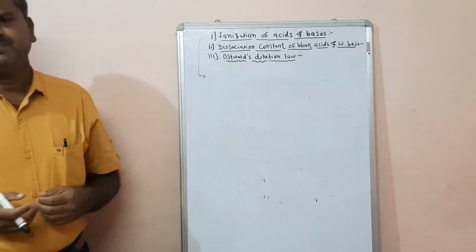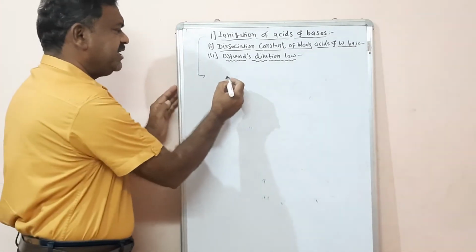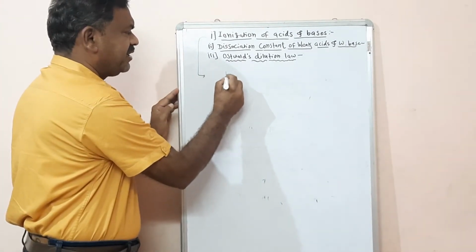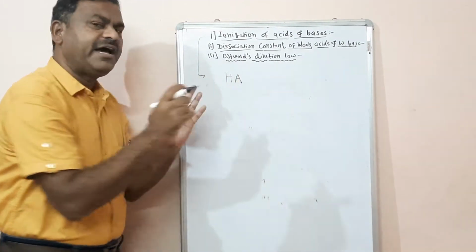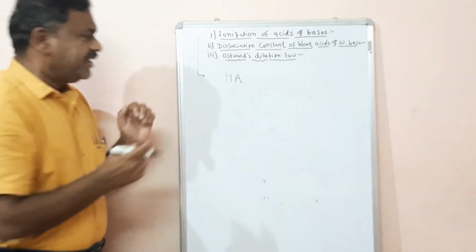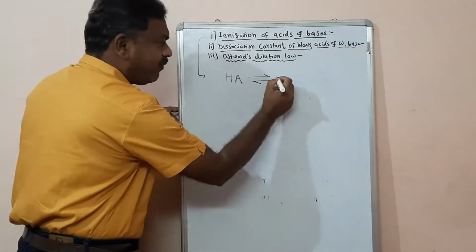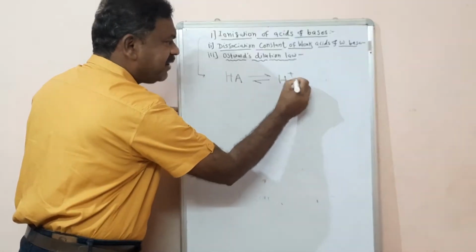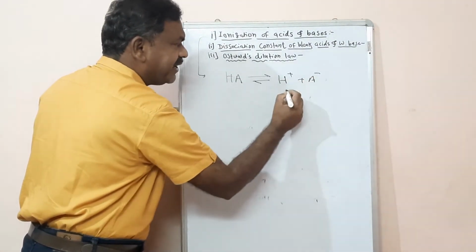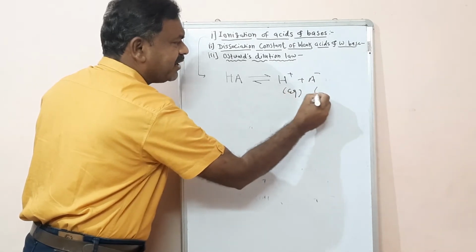Now let us see. Suppose HA is a weak acid. Then it dissociates to form H plus and A minus ions in aqueous solution.